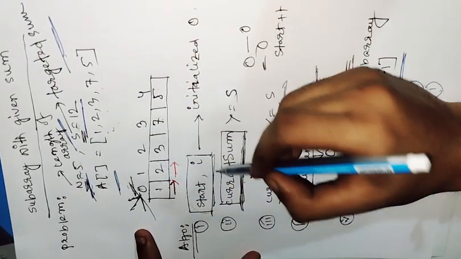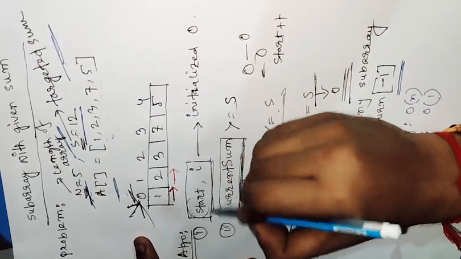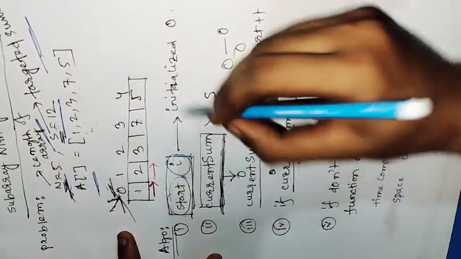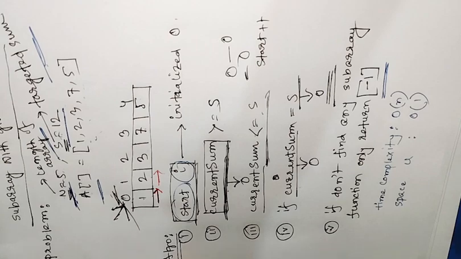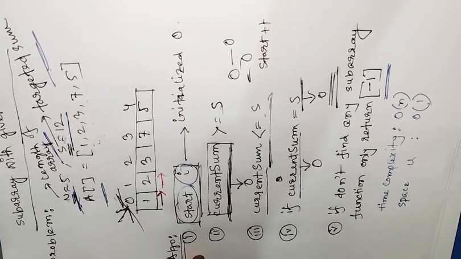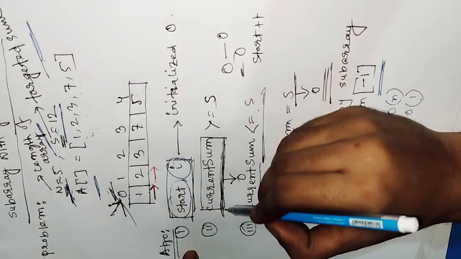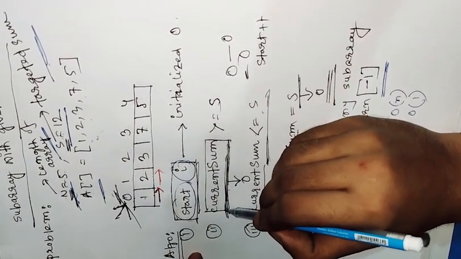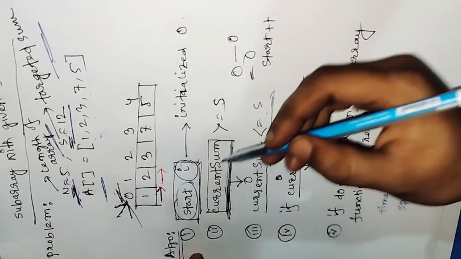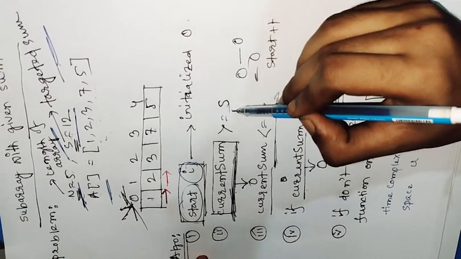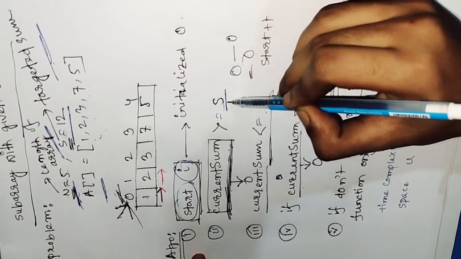First we need to take two pointers, start pointer and i. These two pointers are initialized by 0, and after that we create one variable. The name of this variable is current sum, and check if the current sum is greater than or equal to s. s means targeted sum.